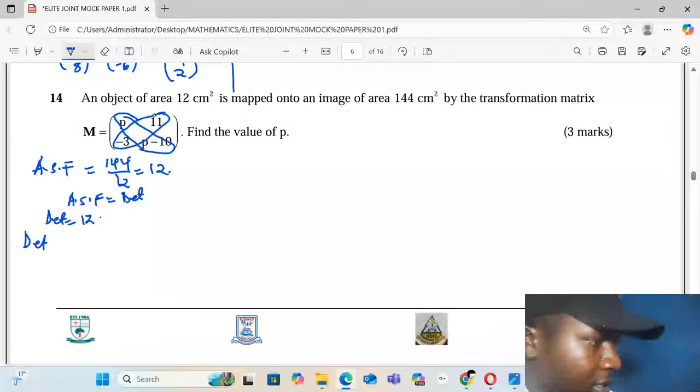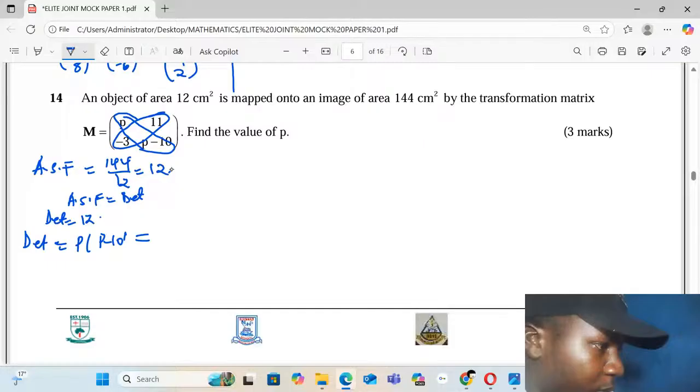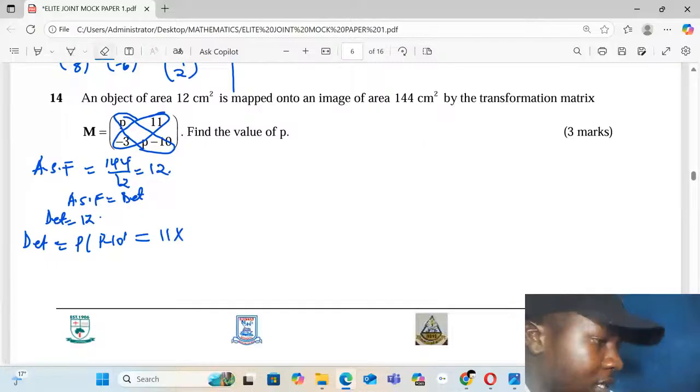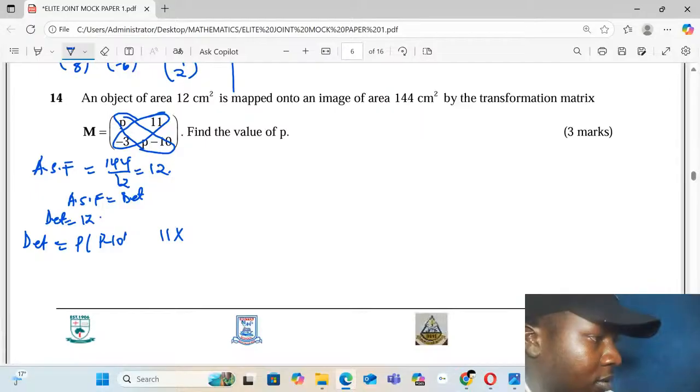So we have our determinant, which is 12, equal to P times (P minus 10), minus 11 times negative 3.